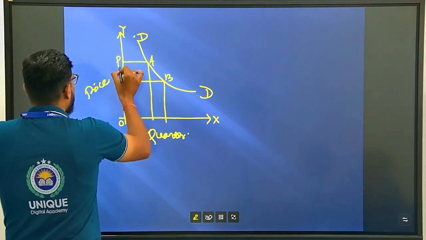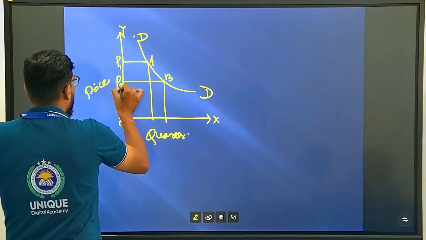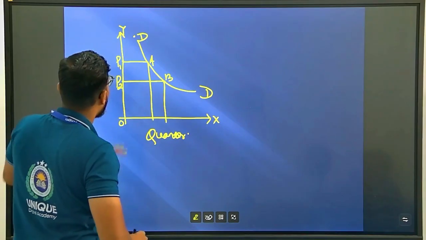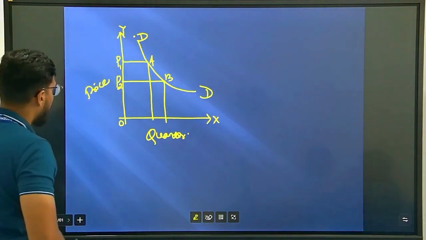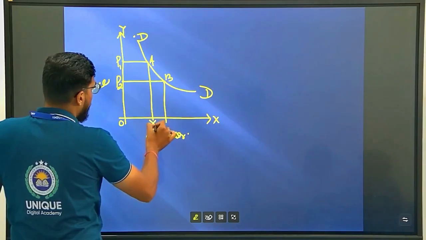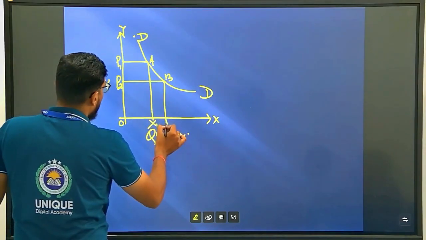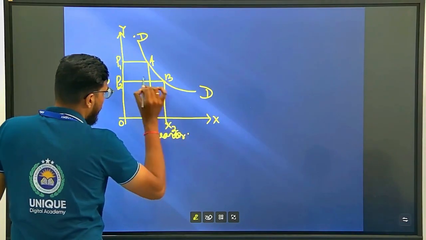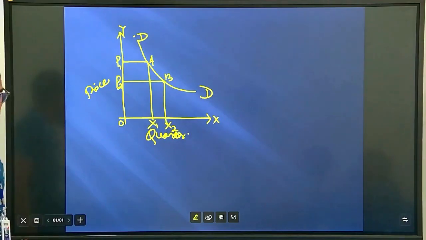Initial price P1, price declines from P1 to P2. Initial quantity demanded X1 and final quantity demanded X2.